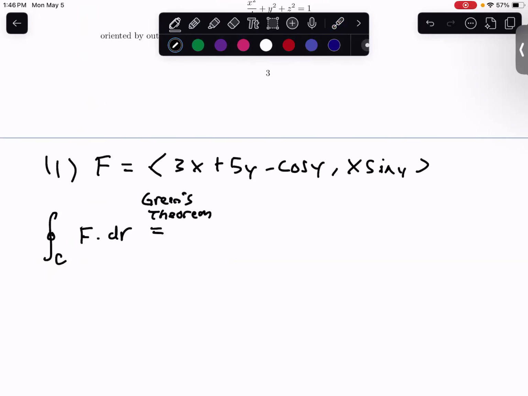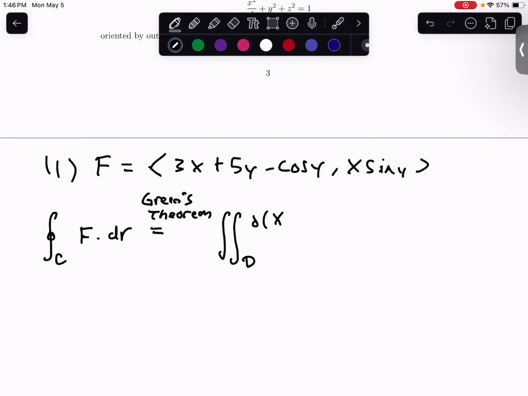Right, so Green's theorem tells you the following. This is going to be equal to the double integral over some domain D. What you do with Green's theorem is take the partial derivative of the second component with respect to x.